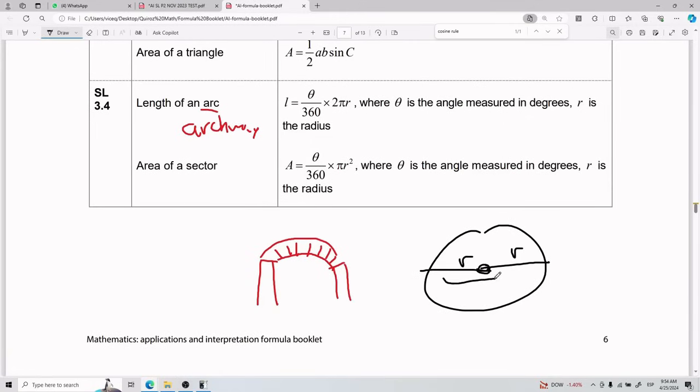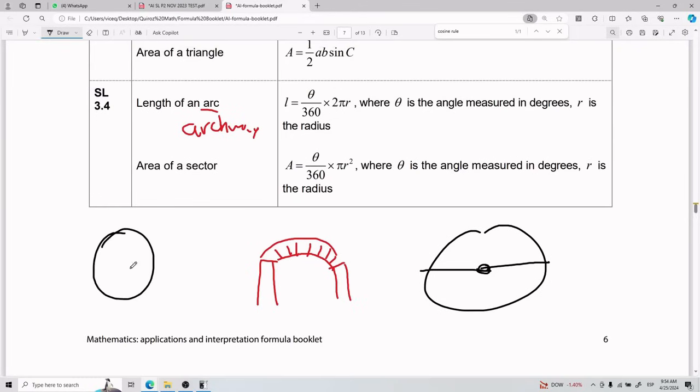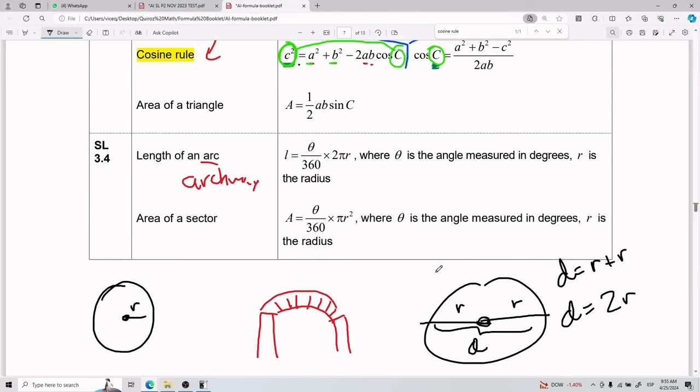A radius plus a radius gives you the diameter. If you put all of this in a diagram, it looks like a Pokeball. Anyways, you have the circle, this is radius, radius plus radius gives you diameter. So diameter is 2r, or technically r plus r, you end up with 2r, okay?